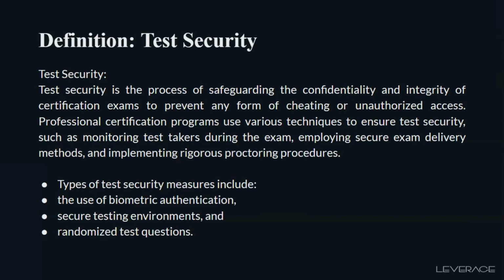There are a few types of test security measures that are put in place. One of them is, again, the use of biometric authentication. Of course, where tests are taken online, there is a need for the testee to verify themselves.